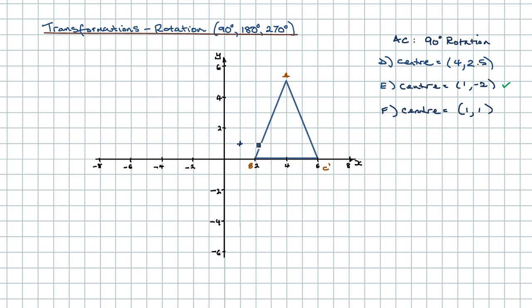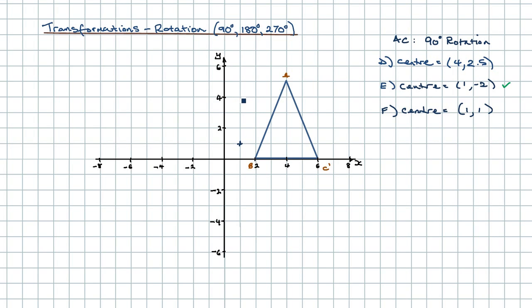If this is the center of rotation, I'm just going to make that a bit clearer, like that. If that's the center of rotation, then let's consider point A, the vertex A. From the center of rotation, I have to go along 3 to get myself under A. So I could draw a line across there, but then when I rotate that line, I'm going to rotate it up here. So if I've gone along 3, the very simple thing to remember is I have to go up 3.